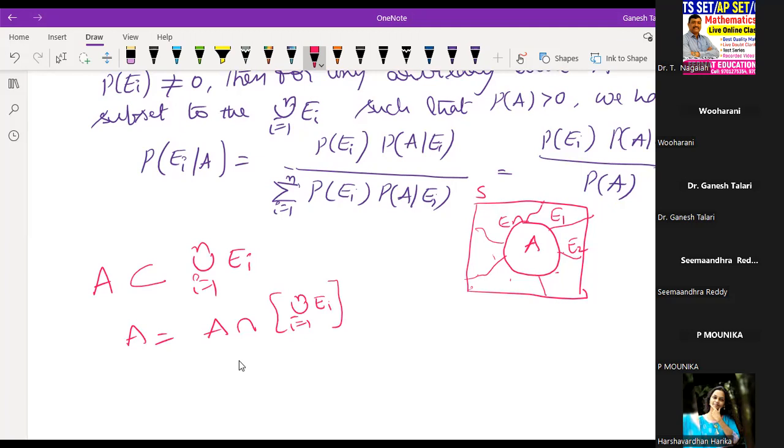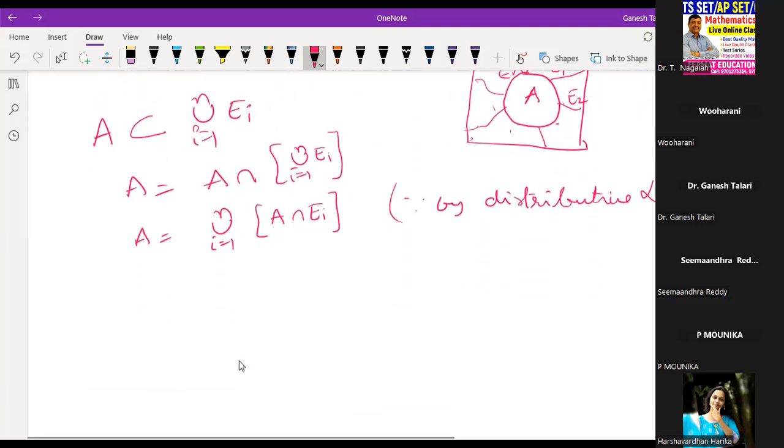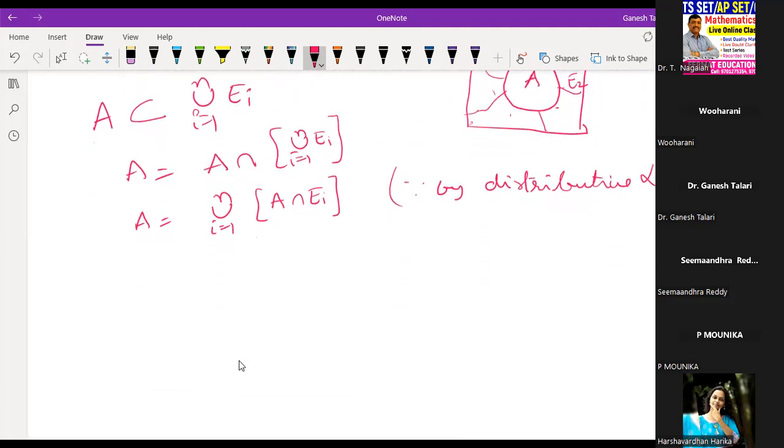From this, by the distributive law, A is the union of i ranging from 1 to n of A intersection Ei.